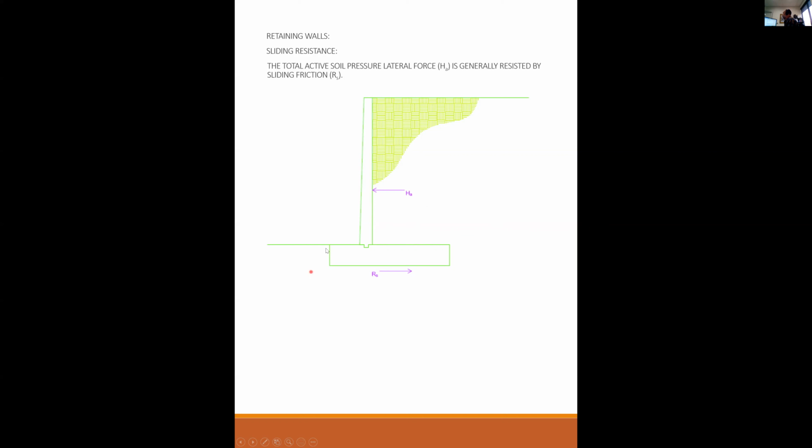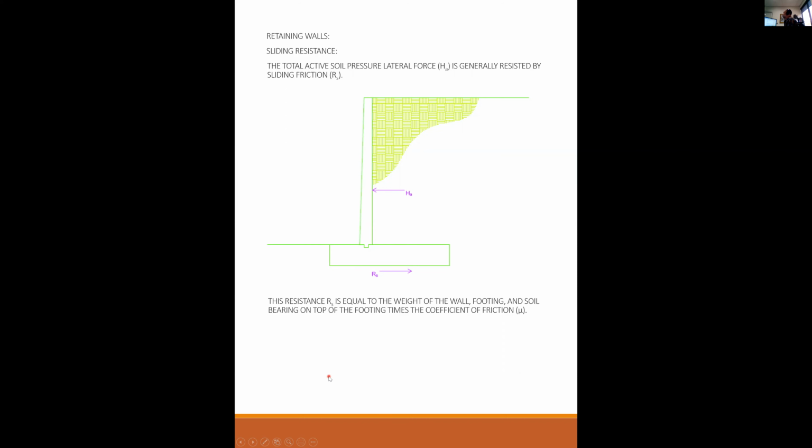As I just said, we ignore the passive pressure here, but what we don't ignore is you get a whole bunch of friction on the underside of this footing. So the footing wants to slide, and the soil friction underneath it is what keeps it from sliding. That's our main mechanism for the whole thing not moving to the left.